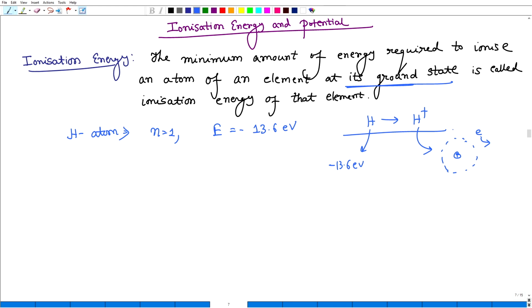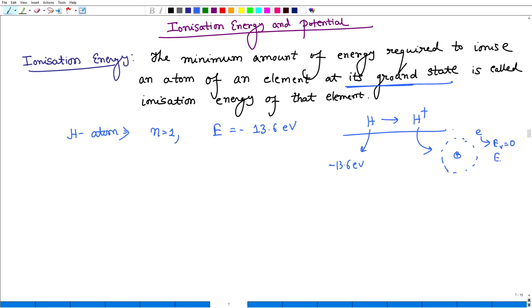A charge has potential energy when that charge resides under the electric field of any other charge. But here there is no potential energy, so potential energy should be 0. And we have to consider the case when the electron is just kicked out. The electron does not have any velocity, so it can't be moved. It is just outside the periphery of the field of the nucleus.